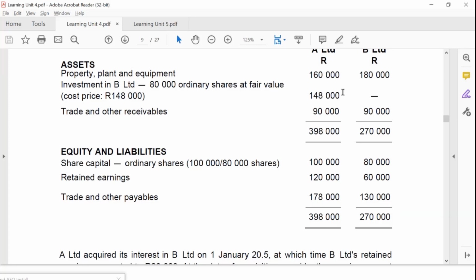Okay, so what actually happened was that when A, which is the parent company, came to purchase B, which is a subsidiary, the entry that the parent company will have passed in their own financial statements was to debit investment in B Limited, because the parent company has gone to purchase an investment.